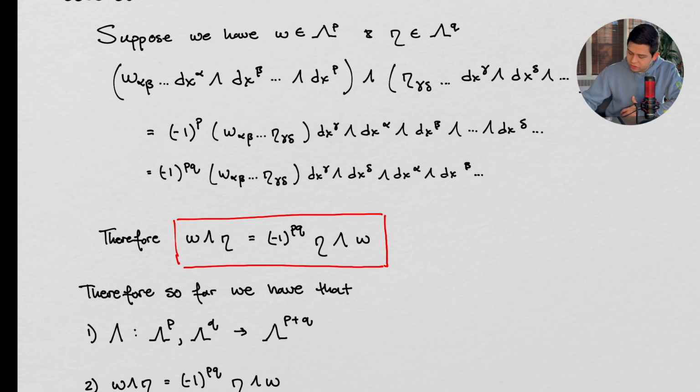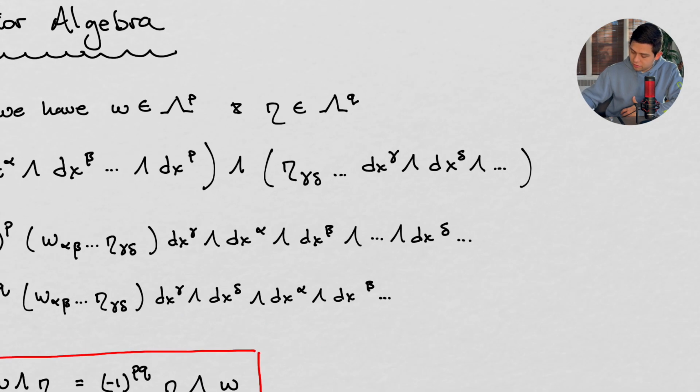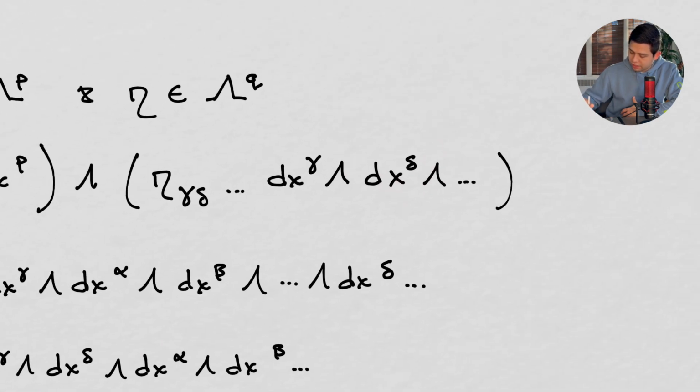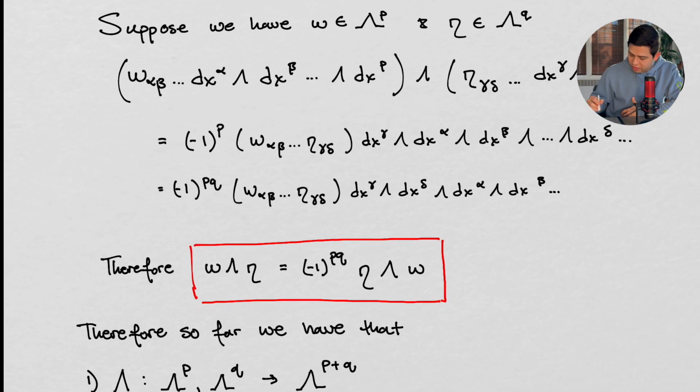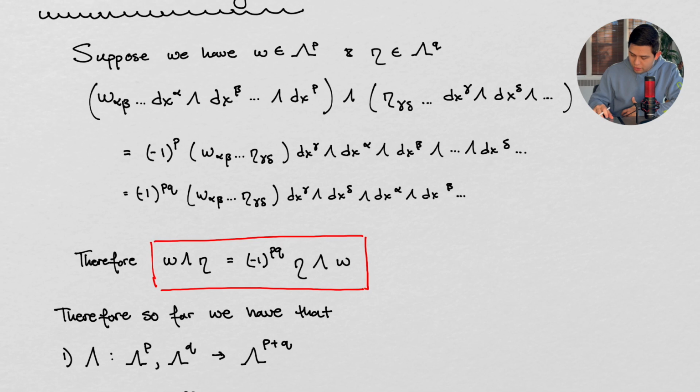Then we have to do the same thing for delta, and whatever is after that, Q times, because we have Q things over here and P things in here. So the fact that we have to do that Q times means that when we wedge omega with eta, we get minus 1 to the PQ. That's where that Q comes from.